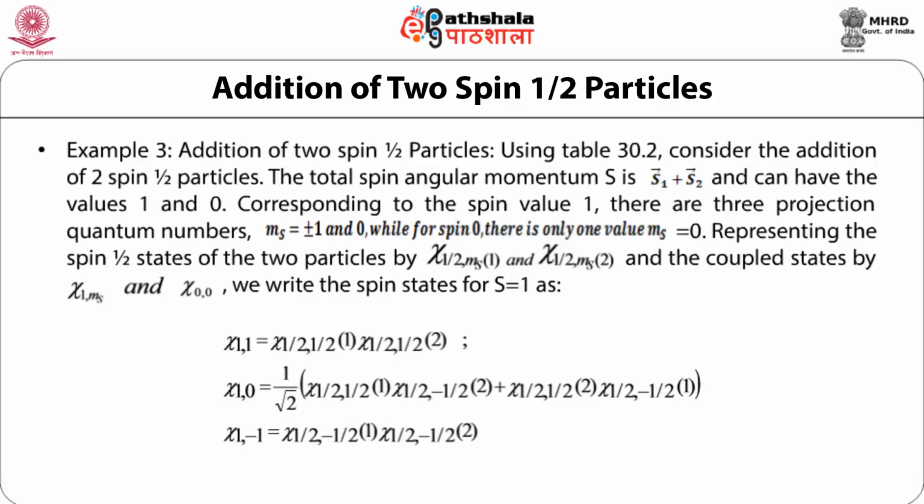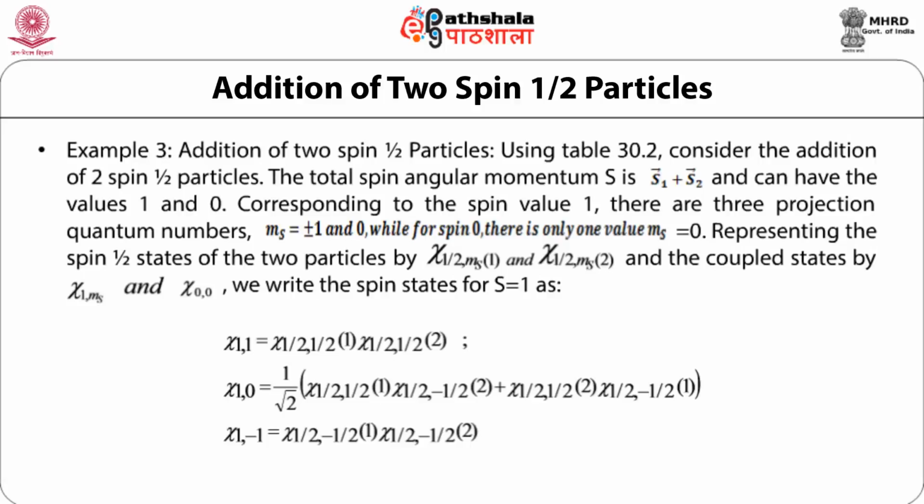Now for the case where the total spin angular momentum s is 1 while the value of ms is 0, we get the coupled state as psi subscript 1 comma 0 is equal to 1 by under root 2 times bracket open xi subscript half comma half 1 corresponding to particle 1 times xi subscript half comma minus half 2 corresponding to particle 2 plus xi subscript half comma half 2 corresponding to particle 2 times xi subscript half comma minus half 1 corresponding to particle 1 whole bracket closed.